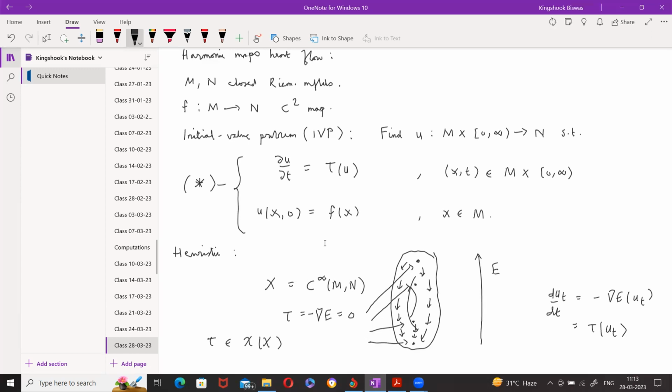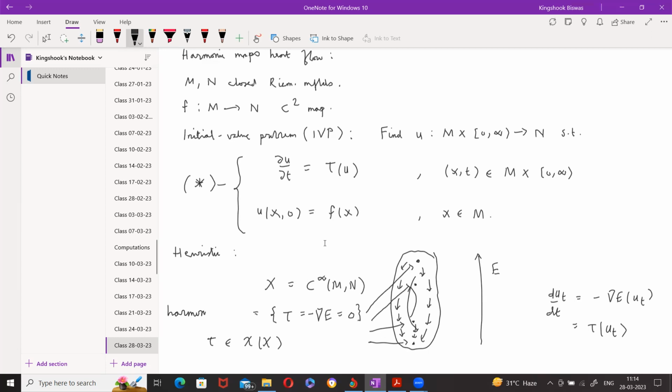And the idea is, for the gradient flow on a closed manifold, the solutions converge to critical points. Similarly, on this infinite dimensional object, you want solutions of this harmonic maps heat flow to converge to critical points of the energy. Critical points of the energy are exactly harmonic maps. So these points here are all the harmonic maps.